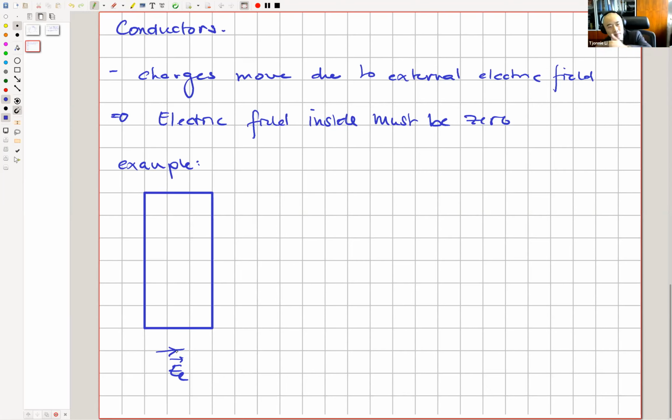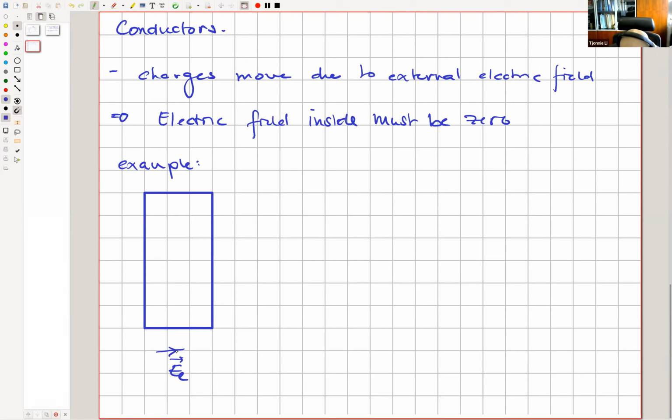The positive charges and the negative charges are going to move. In this case, since we're only dealing with electrons inside materials, the electrons are going to be shifting in such a way that the field inside the material must be zero.